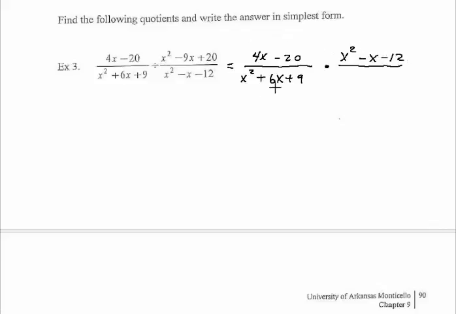Our first rational expression stayed the same. We replaced division with multiplication, and now we're going to take the denominator of the second rational expression, put it on top, and take the numerator and write it in the place of the denominator.